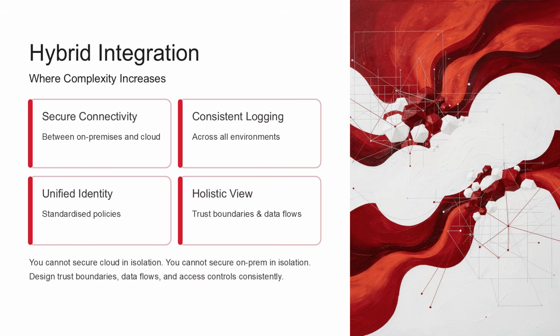You must ensure secure connectivity between on-premises and cloud, consistent logging across environments, unified identity policies, standardized encryption practices, segmentation between IT and OT where required. Many organizations underestimate hybrid risk.